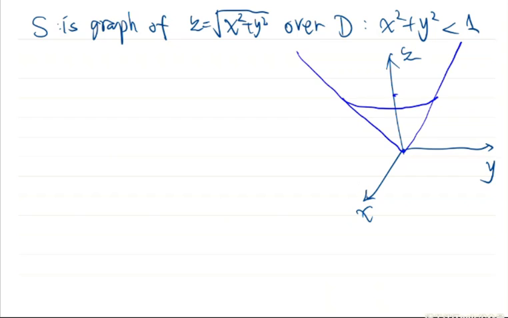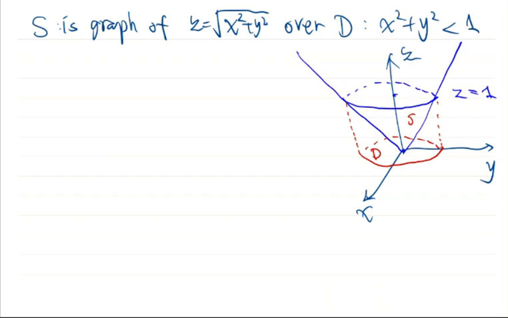Using the plane z equal to 1 to cut this cone, the part of the cone below the plane z equal to 1 is our S. Our S is here. The projection of this S, that is the domain of definition, is our D. Okay, this is our picture.